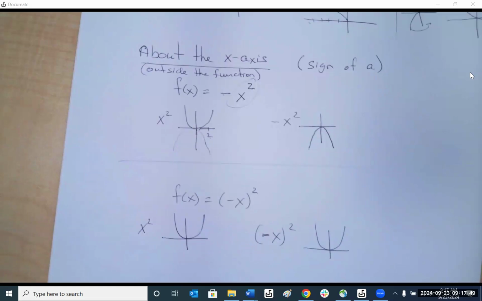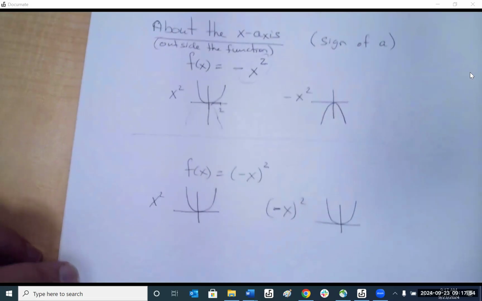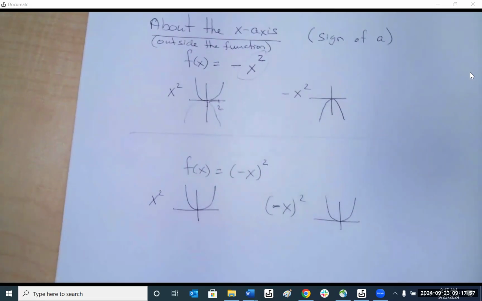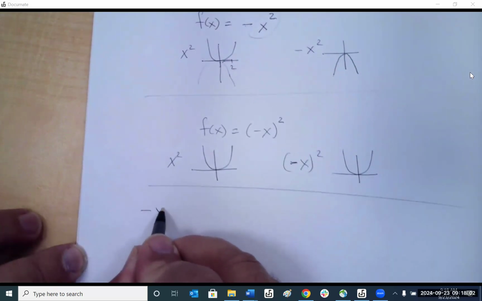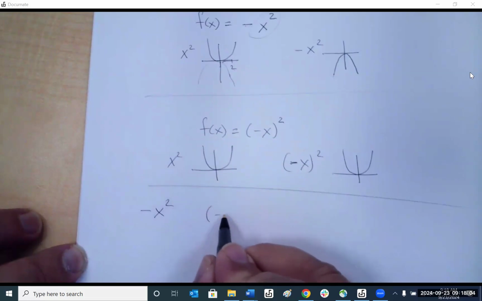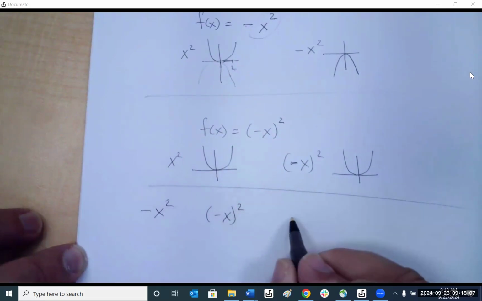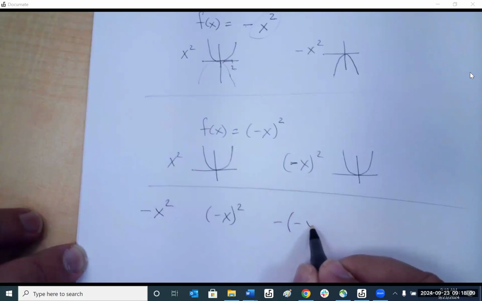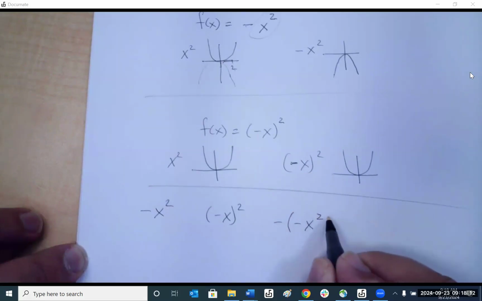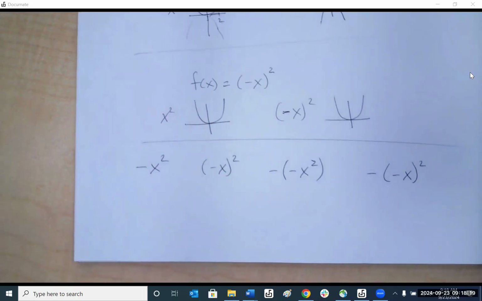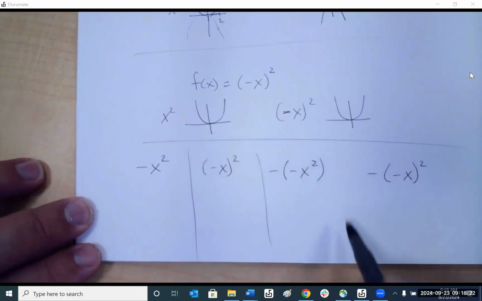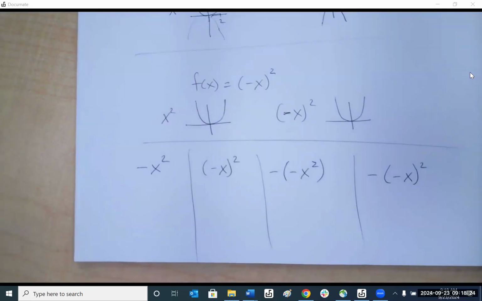So that's why you have to be very careful where the parentheses and the negative signs are, if the negative is inside or outside. They all look the same, but they're not.